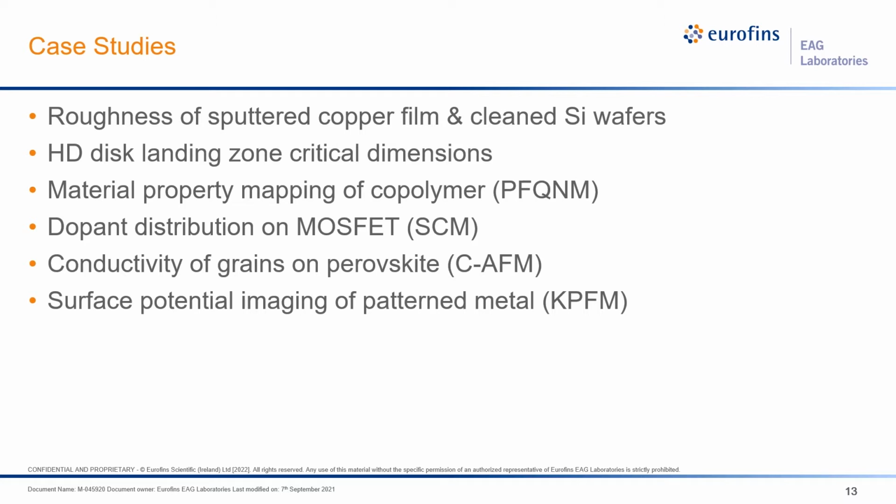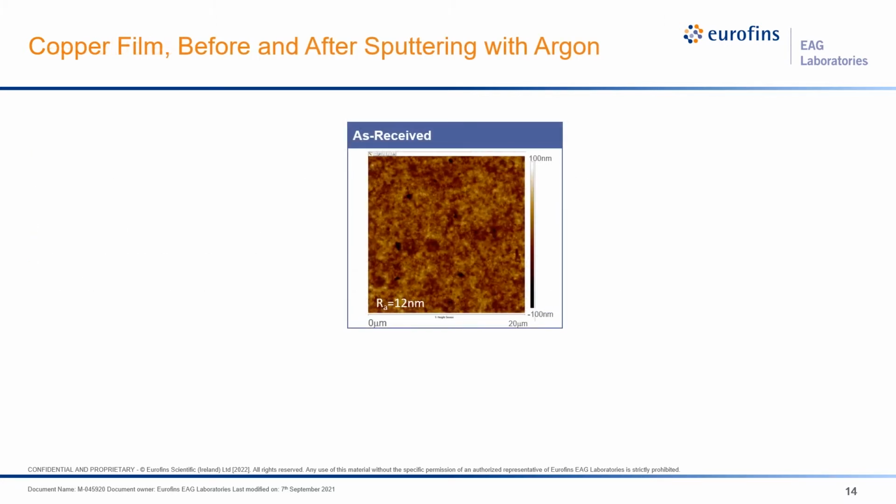This first example highlights how roughness can be used to quantitatively compare surface quality. This image is of a thin copper film as received. It has an average roughness of 12 nanometers. If you tuned into Monica Newberger's presentation 2 weeks ago, you'll already be familiar with X-ray photoelectron spectroscopy, which is used for chemical analysis.